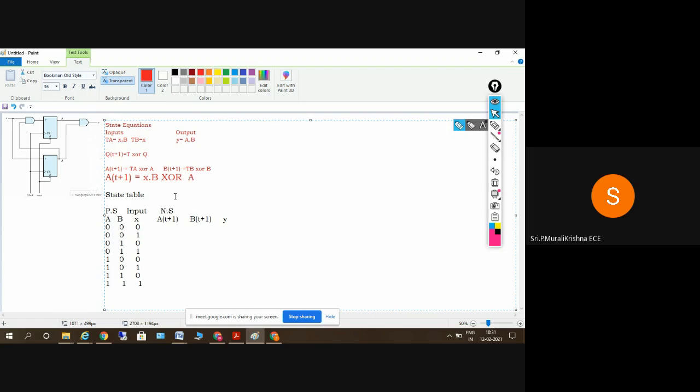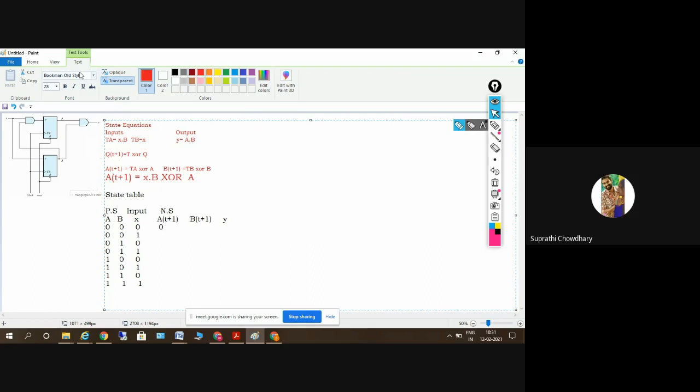So x into b XOR of a. If I want to elaborate it, you can elaborate that, but I'll just substitute these values here. So x into b, what is x into b here? x is 0, so 0 XOR of 0 is a 0. Clear?